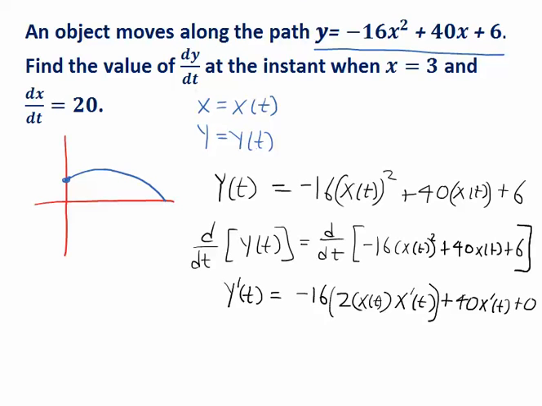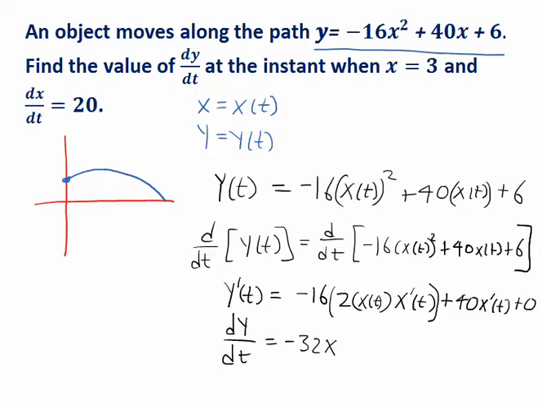Now let's write this another way where we don't have as much clutter. Instead of y prime of t, I'm going to express that derivative with the notation dy/dt. And on the right side, I'm going to stop writing x of t. I'm just going to write x instead. So for example, this expression at the beginning becomes 16 times 2 is 32. Negative 32x instead of x of t.